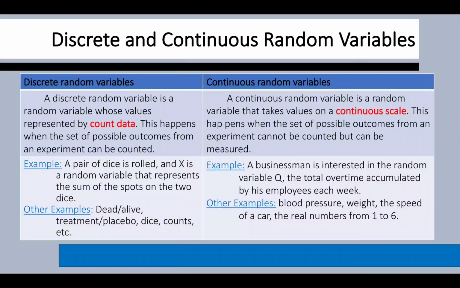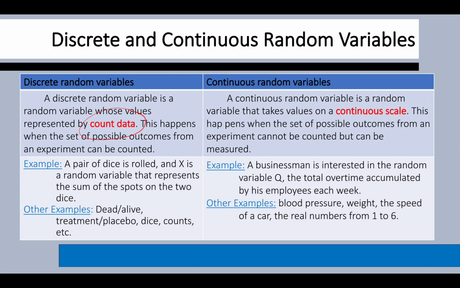We have two types of random variables. The first one is discrete. The second one is the continuous random variable. Napakadali lang naman silang i-differentiate. When you say discrete random variable, yung mga values na nire-represent natin, we are going to use count data.